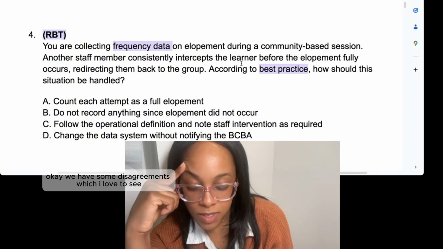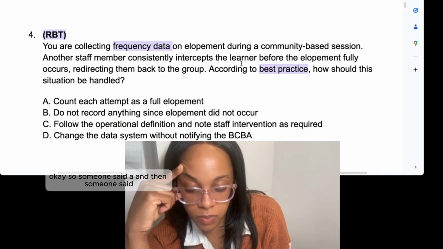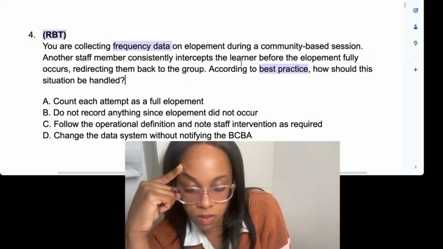Okay, we have some disagreements, which I love to see. Someone said A and then someone said C.